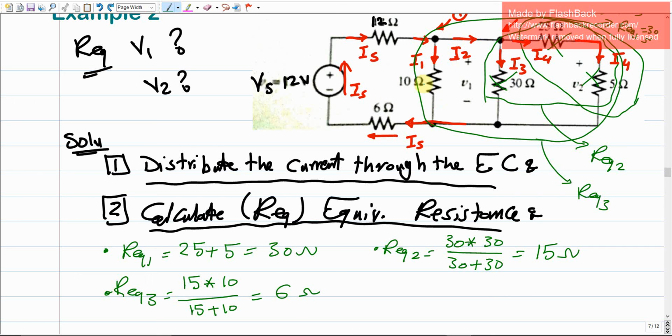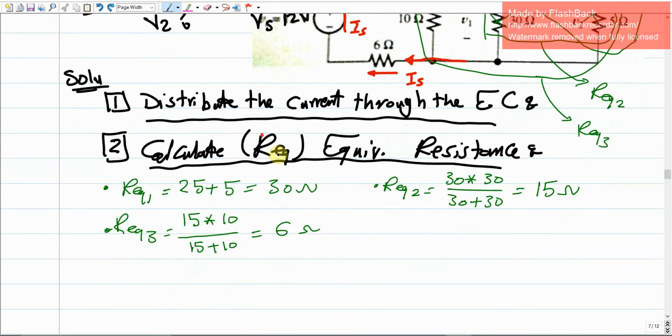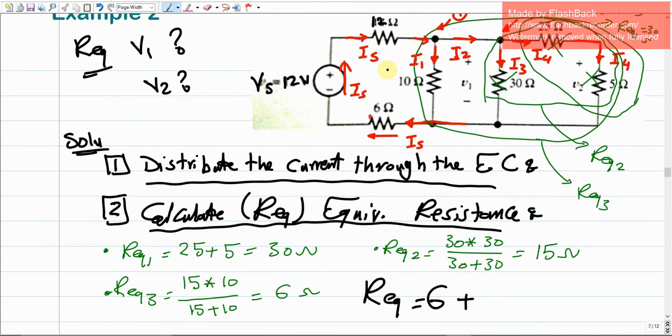It means that it is fine to combine all of these resistances of the electrical circuit, and this is going to give us the overall R equivalent. R equivalent is going to be the sum of the R equivalent 3, which is 6, plus the sum of the 12 and the 6 ohms, because all of these resistors have been combined into one resistance, which is 6 ohms.